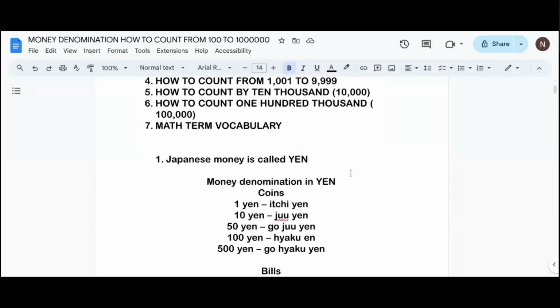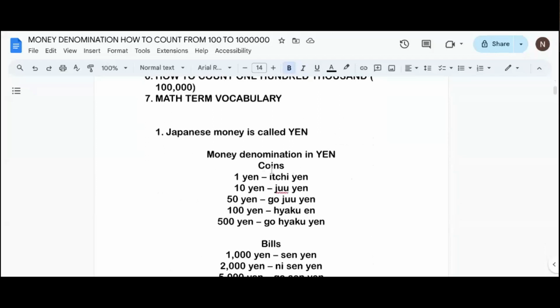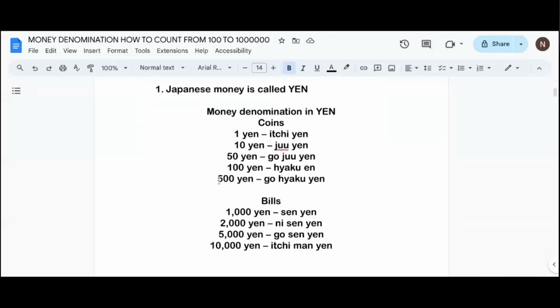So in Japanese coins, the smallest is ichien. And then the biggest is 500 yen, gohyaku yen.